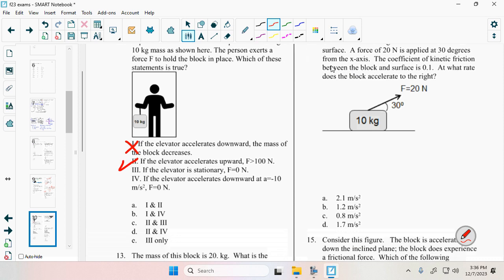As soon as I get a true statement, I can begin to get rid of things. So I can get rid of this one and that one because 1 is listed, and I can get rid of that one because it doesn't list 2. If the elevator is stationary, F is equal to 0. Is that true? That's not true, because if the elevator is stationary, then it requires a force equal to 100 newtons. So 3 is correct.